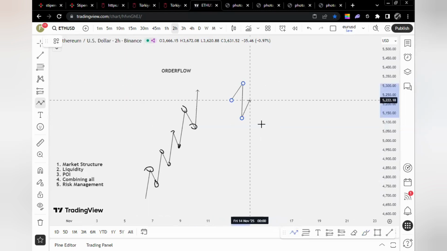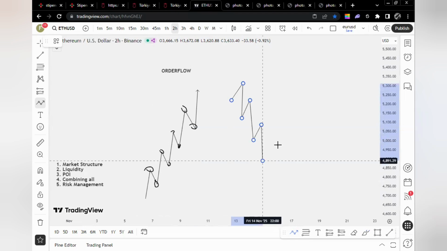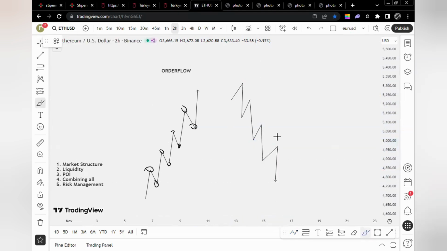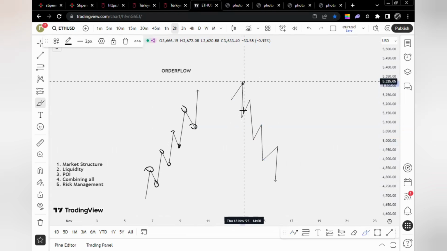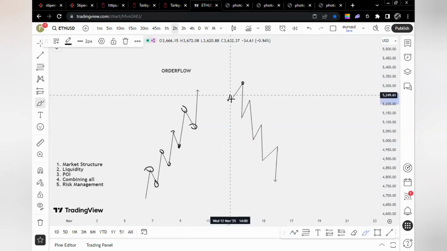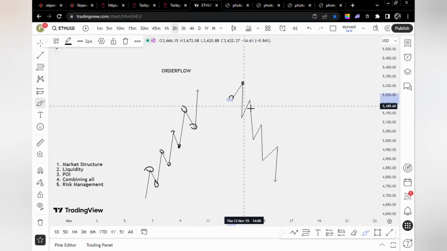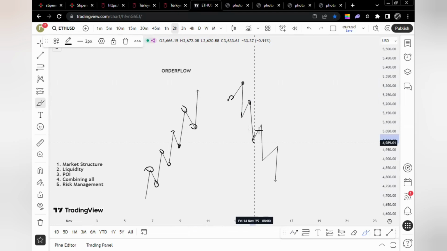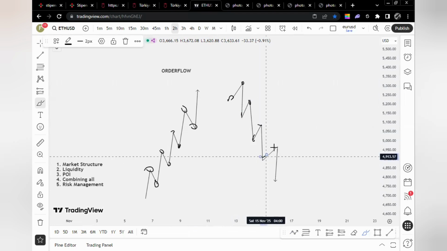For the bearish, the market is going lower. So we have what we call lower highs and lower lows. Then you have lower highs, lower lows, lower highs, lower lows.